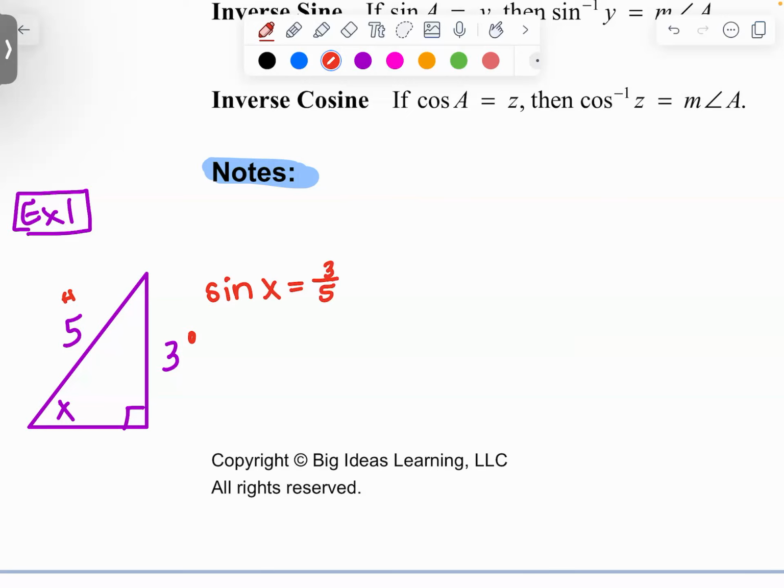Now we need to understand that since we are missing the angle, in order to solve for our missing angle, we need to use the inverse sine button with our 3/5.